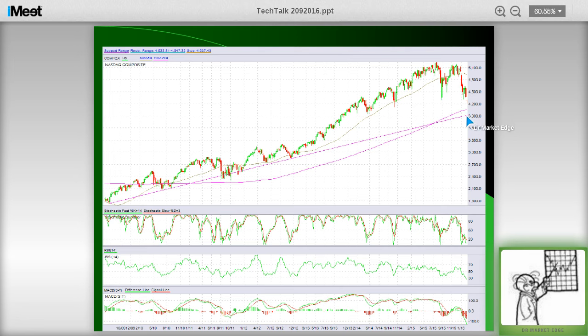This 3940 target from the flag is not far off of where the actual ascending trend line is. It's kind of in between the 200-week moving average and the trend line. So a 3950 target on the price on the NASDAQ is not something that's a wild shot. I think that's very doable, and that'll take you again back to about 2013.